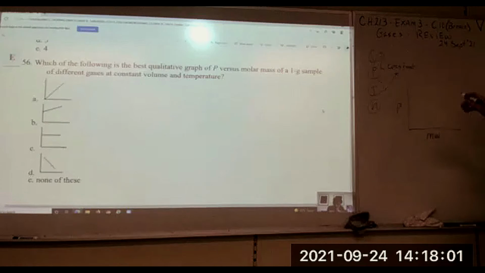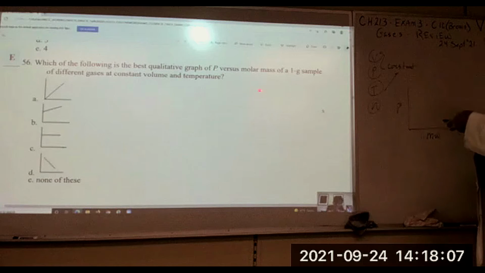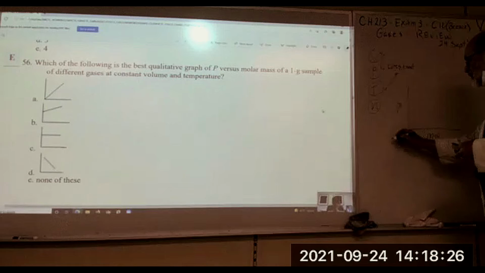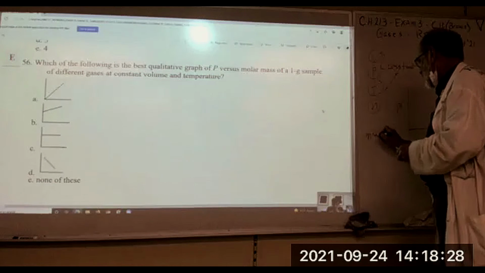That might be significant to put them that way. Okay, and you have a 1 gram sample of different gas at constant volume and temperature. So what we're saying is, as the mass of the sample increases. No, it's a 1 gram sample, that's constant also. So mass equals 1 gram.